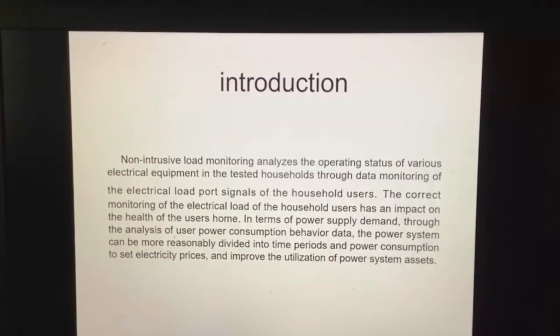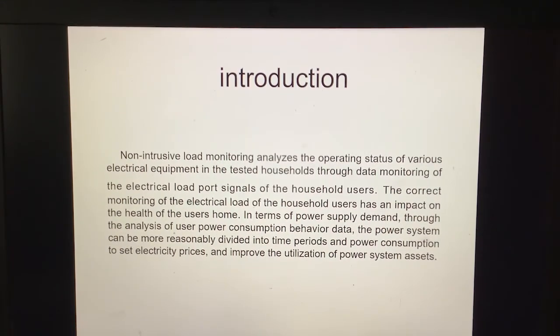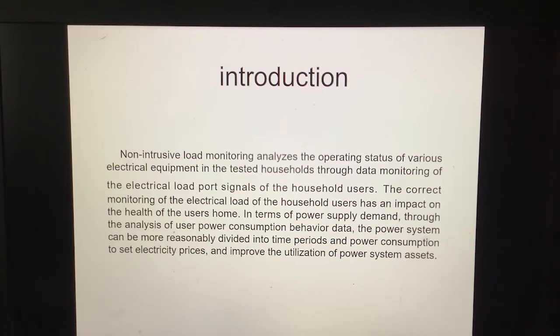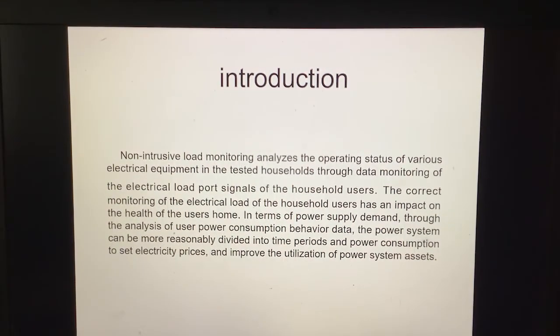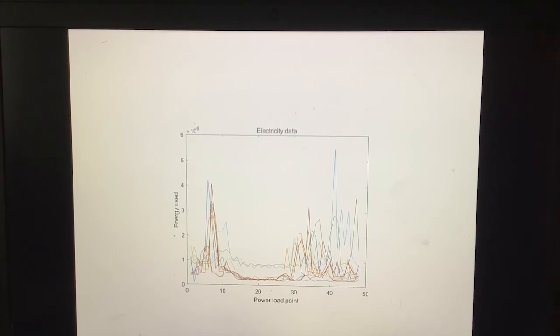Through the analysis of users' power consumption behavior data, the power system can be more reasonably divided into time periods and power consumption to set electricity prices and improve the utilization of power system assets. This is the daily load curve of household electricity.